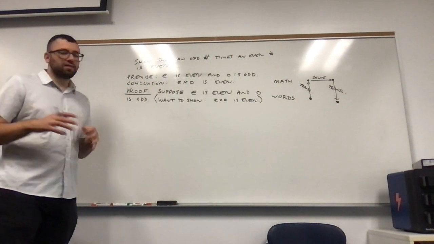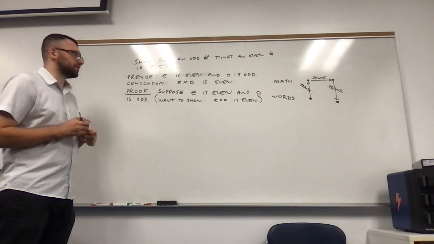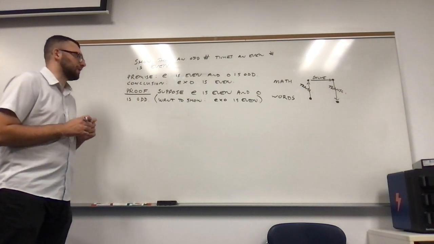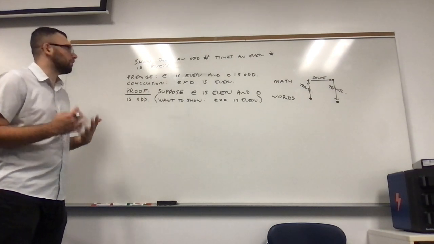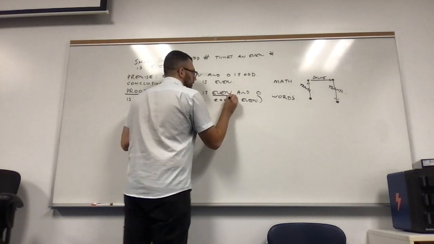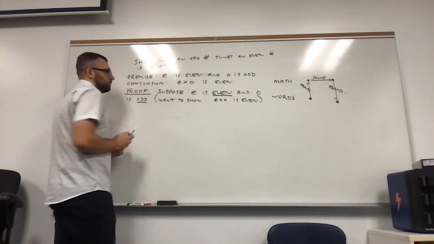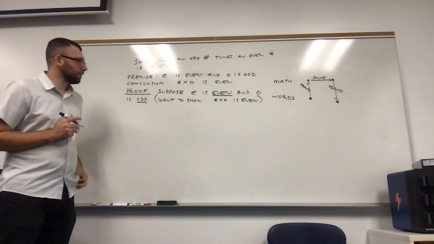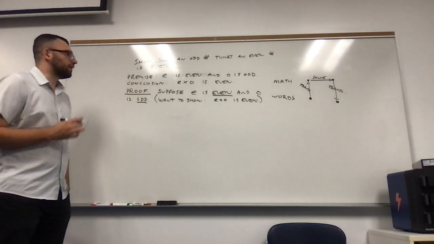Okay, well, what are the mathy words? That's usually a good spot to start here. What are the mathy words we have here? Well, really the big words that evoke math are even and odd, right? You can literally underline them if you want. Okay, even and odd.